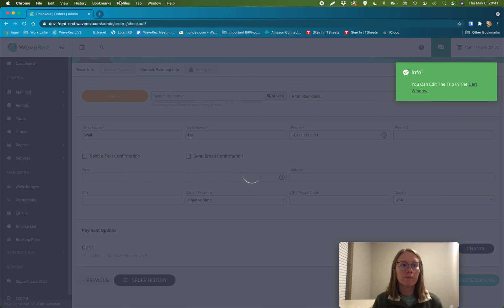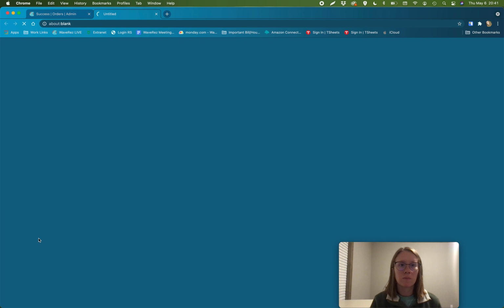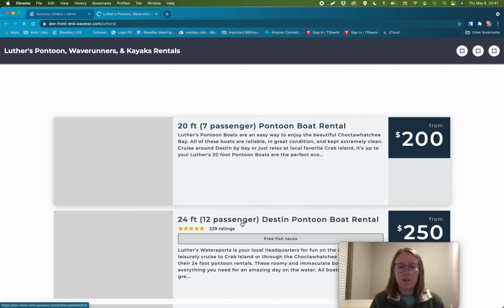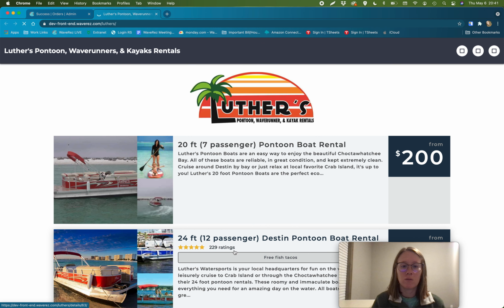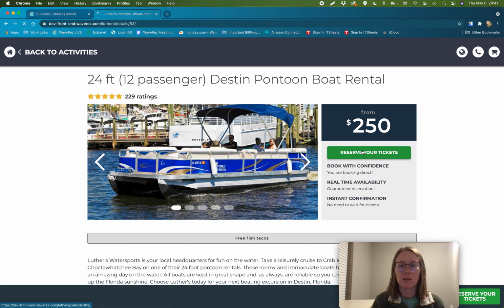so now let's jump over to the booking portal once this saves here. Over here on the booking portal, this is before the ranges ran. We did make that reservation for the 10th, a 24-foot pontoon for the 10th.